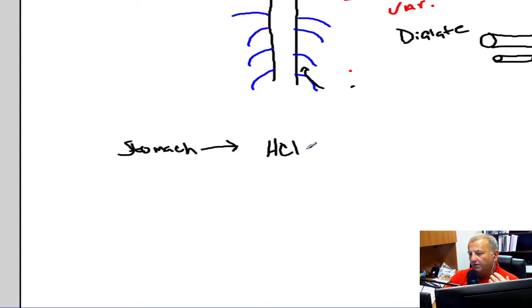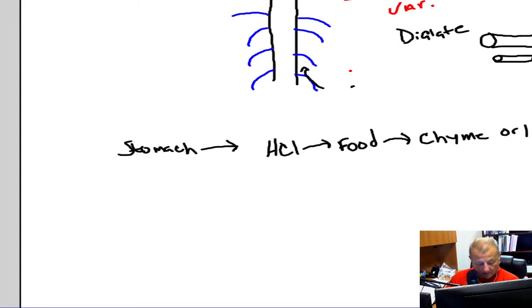Okay, and so we have this hydrochloric acid that's going to mix with the food, because it has to take big chunks of food and make it into like a chyme type liquid. Okay, so that's what it has to do to be able to send it to the next part.